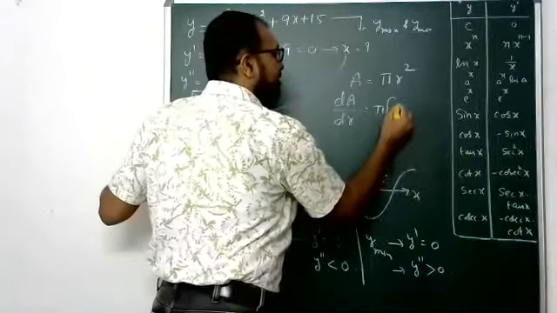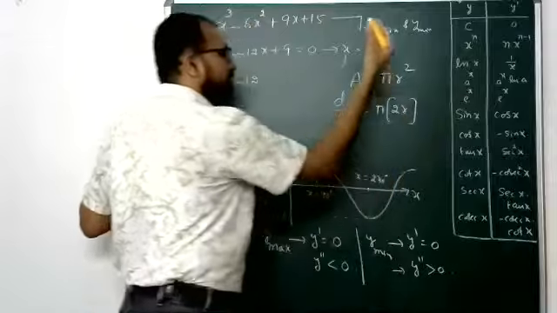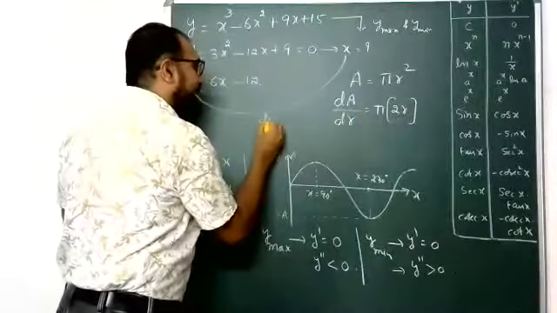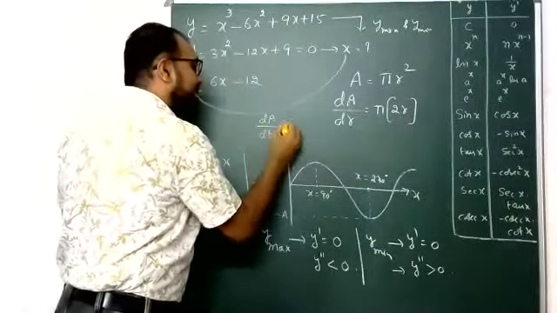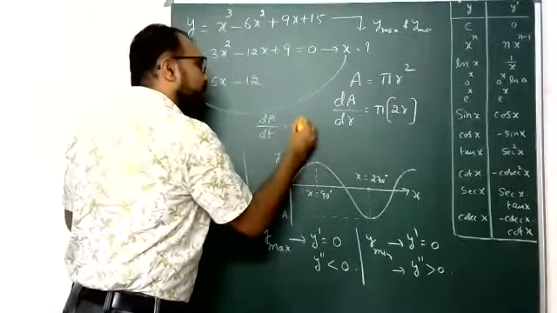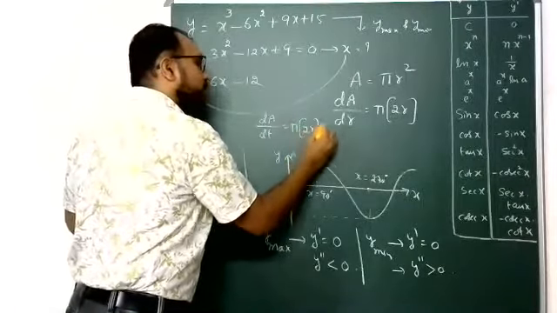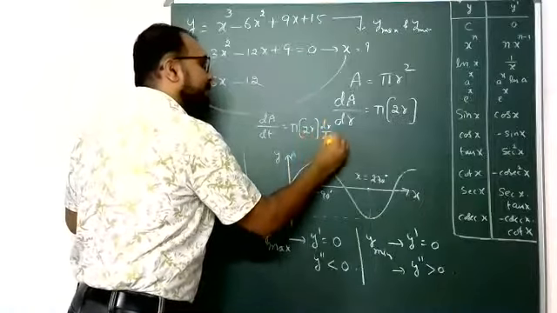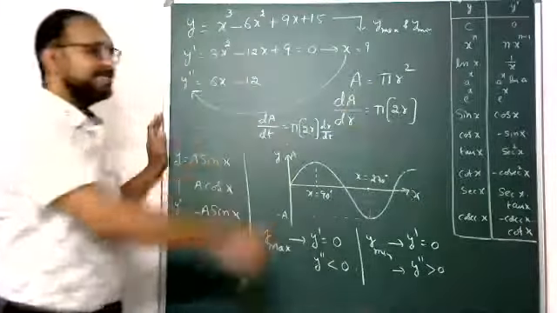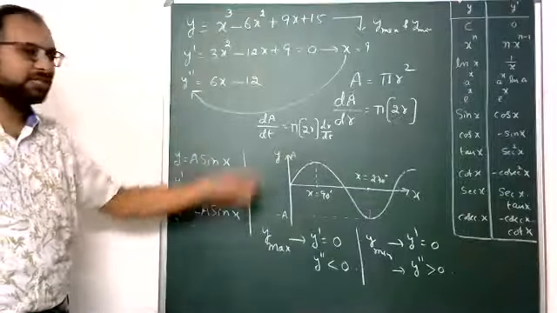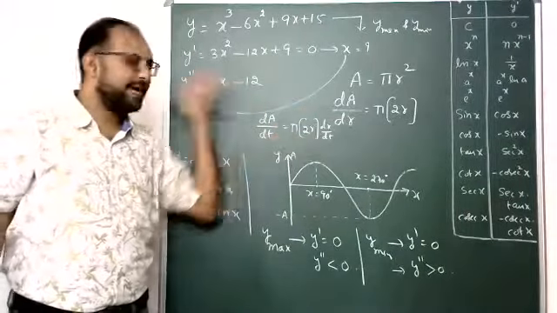Pi is a constant, 2r. Suppose dA by dt is asked, time asked, pi into 2r into dr by dt, because here r is there, here t is there. Nothing but chain rule. Already explained chain rule, that's why fastly explained.